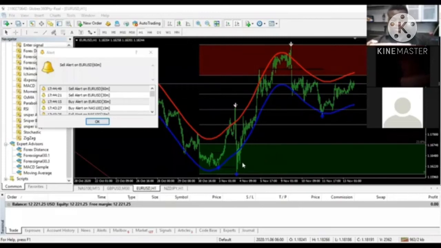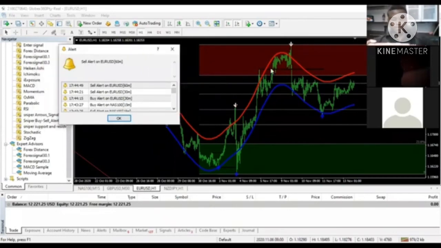Number two, there needs to be an arrow signal which will be pointing up. Number three, the market needs to have cut or is touching this blue moving average. If it does not do that, then you do not listen to the alerts when they say buy or sell, because that would be a risky entry. And you do the exact same thing for your sells. You need to sell when you are at the red zone and the arrow is pointing down and the market is playing around the red moving average. Are we understanding each other?